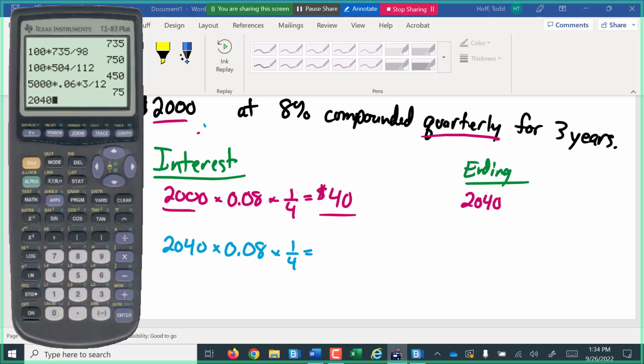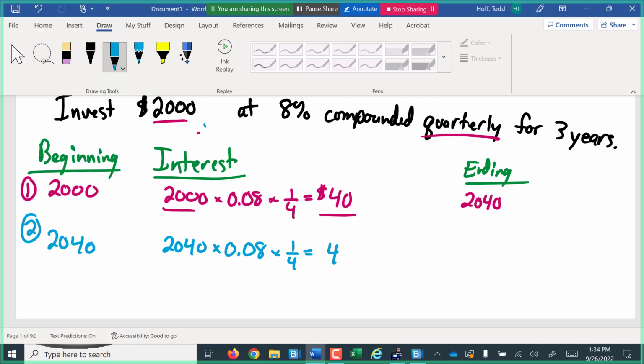So 2,040 times 0.08 times 1/4 gives us $40.80. So notice we already got more interest because of the compound interest. We add that on, we're now at $2,080.80.